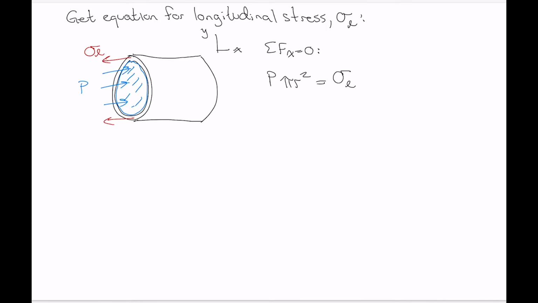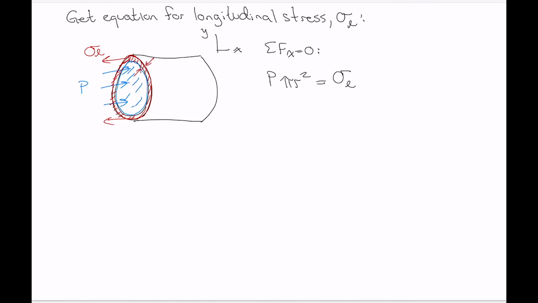Now, the area that that's acting over, this red hatched area, the way you'd get that area would be to calculate the circumferential length here, and then multiply that by the thickness.